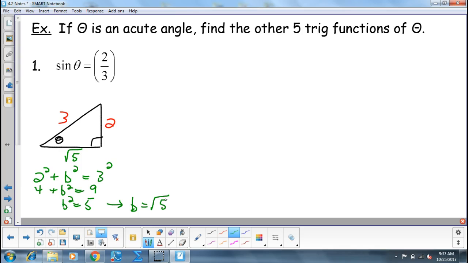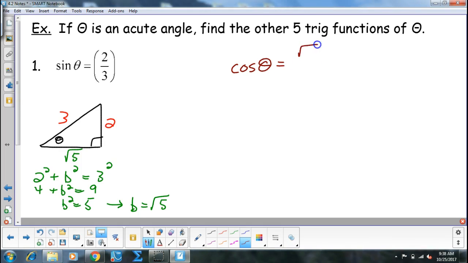Now I can find my cosine. What's the cosine of theta? Cosine is adjacent over hypotenuse, which makes what, Hal? Square root of 5 over 3.